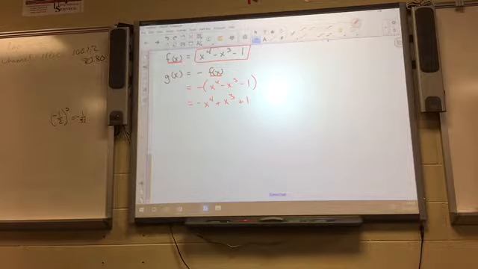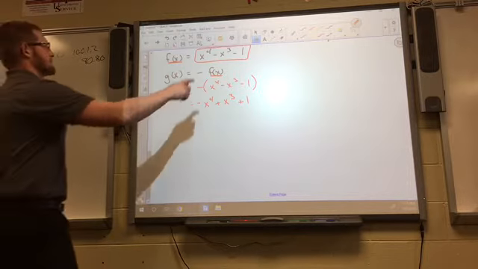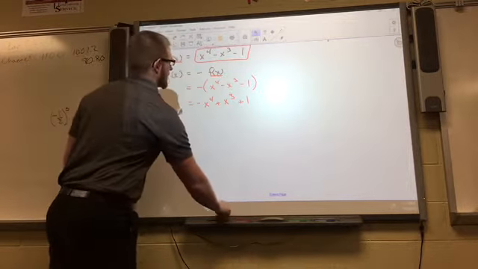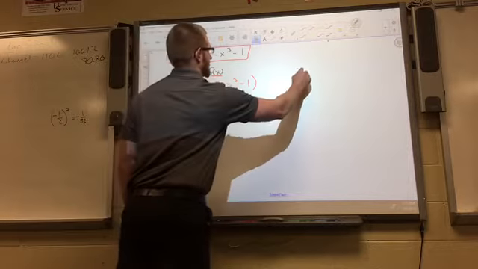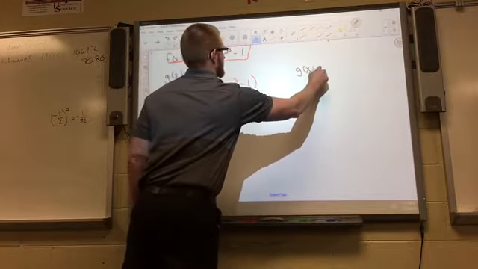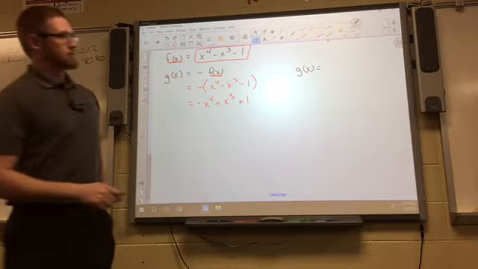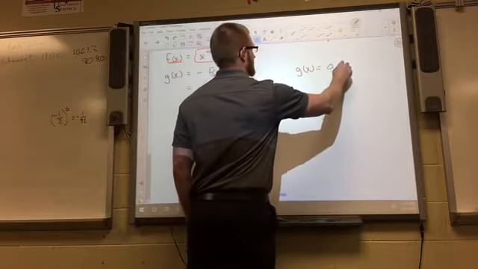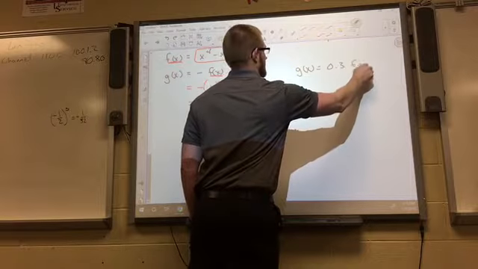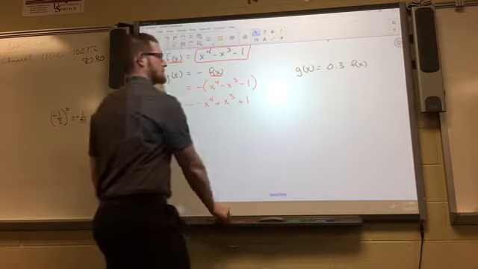The directions on this one do say graph, but we're going to skip that. The last one I want to do, I want this same function, but I want g of x equal to 0.3 f of x.